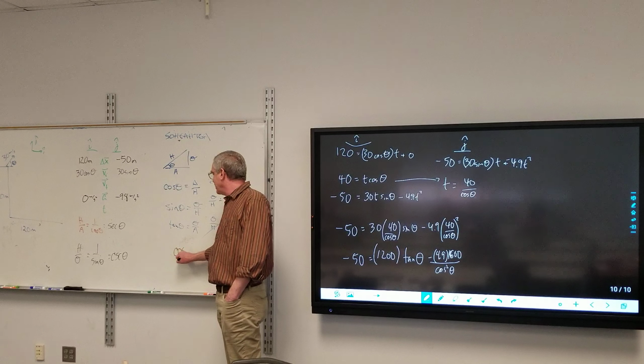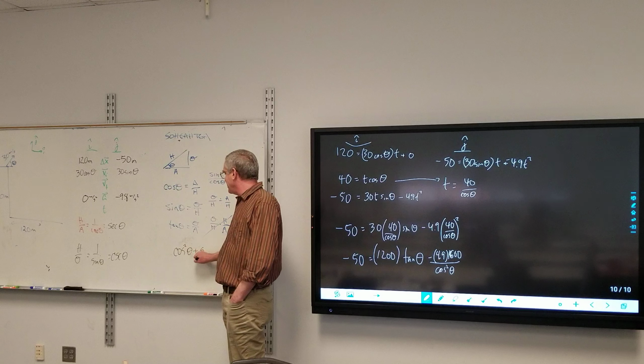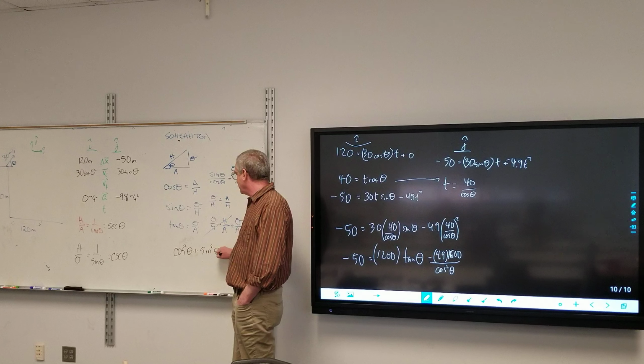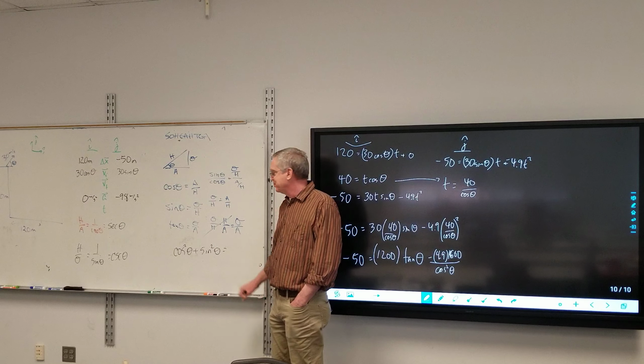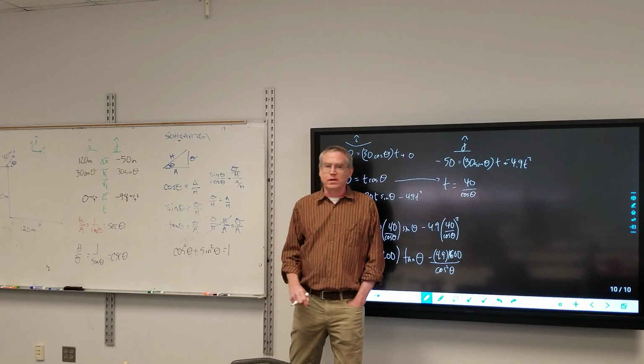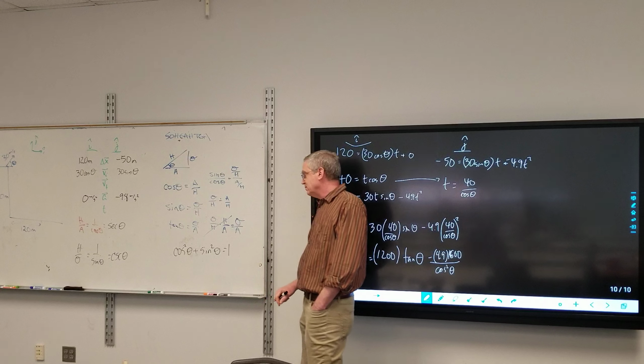If I have the cosine squared of an angle plus the sine squared of an angle, what does that equal to? 1. Yeah, and that's a standard identity.